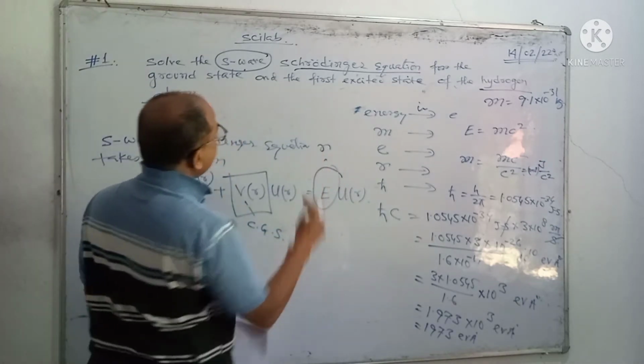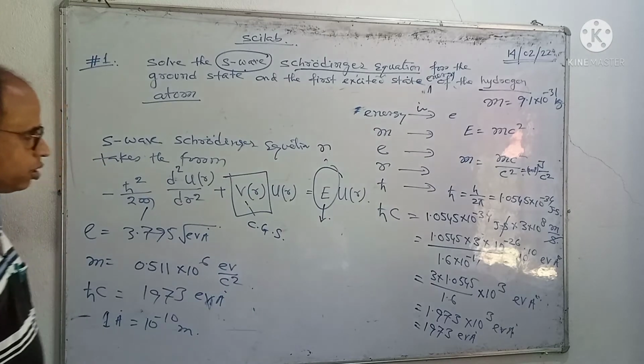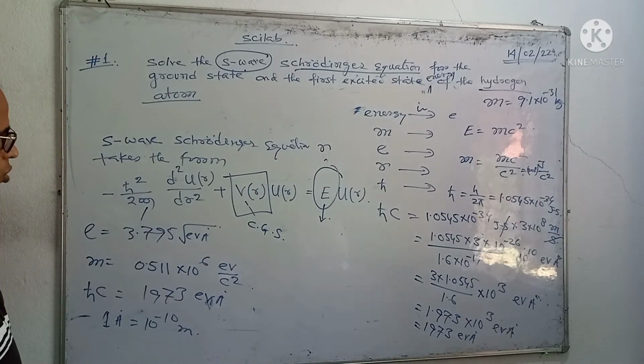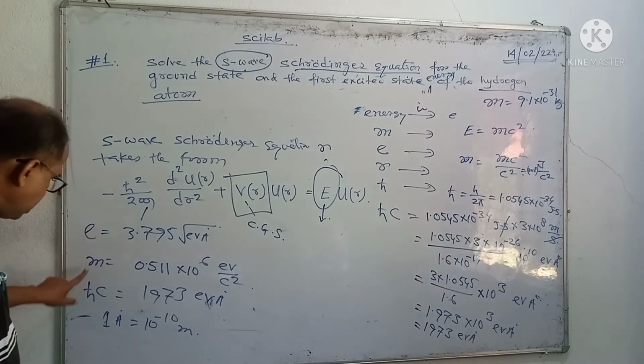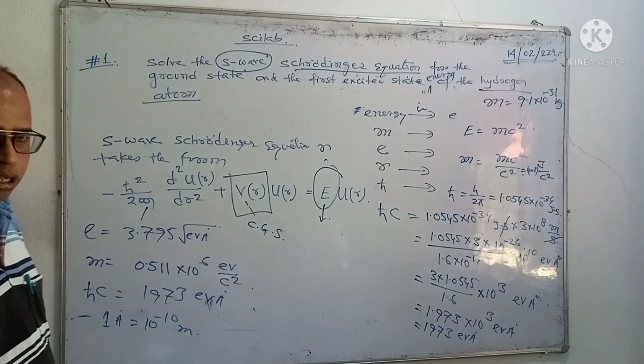This one. The problem is, therefore, you have to find E. Okay? You have to find E. Now, if you put this, then this will come in electron volt.